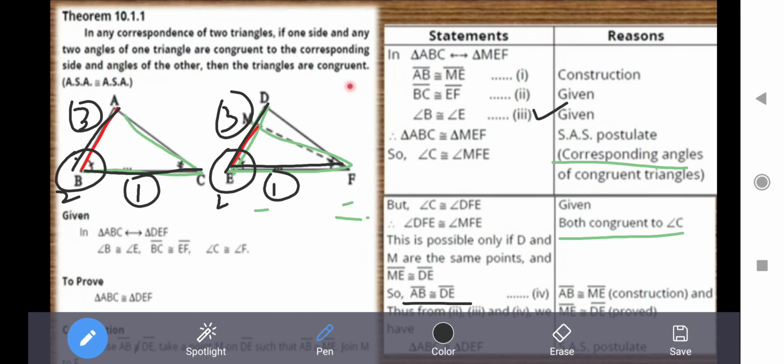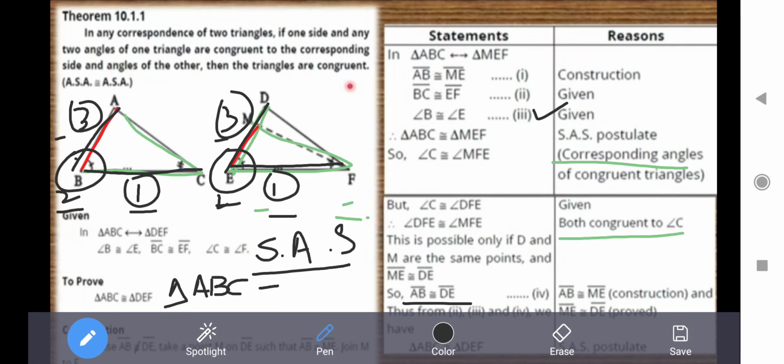What we did? 1 and 1, this is side. Second and second, this is angle. Third and third, this is again side. So by the side angle side postulate, we will prove triangle ABC is congruent to triangle DEF.